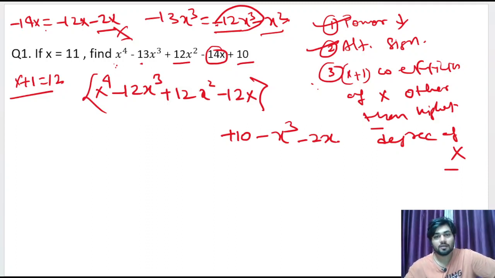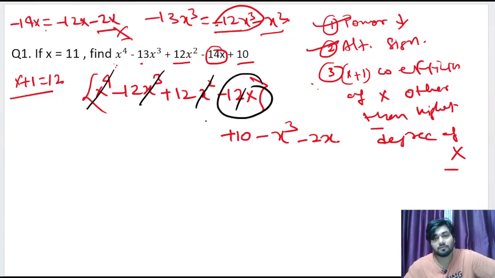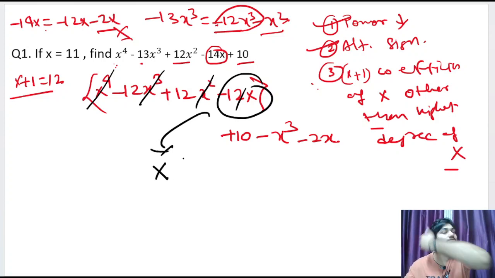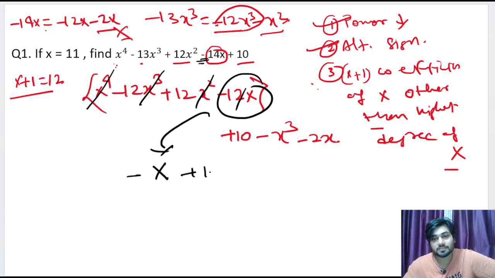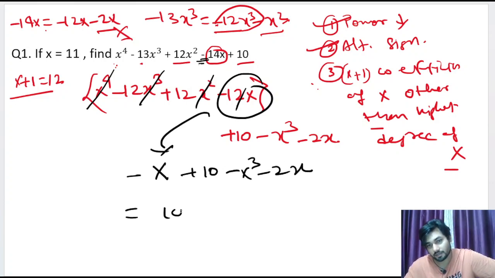Now from the previous class I explained that these will cancel out, and this will give me x as remaining, and the sign will be the same as here, minus. So now I have minus x plus 10 minus x cube minus 2x left. So it will give me 10 minus x cube minus 3x. Is it clear to everyone?